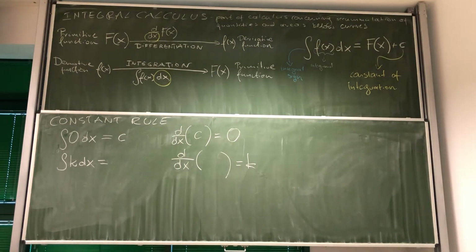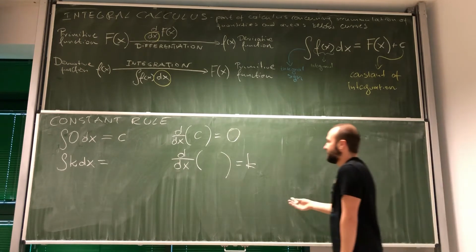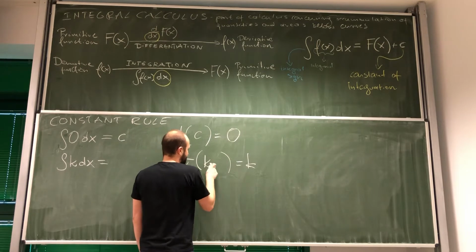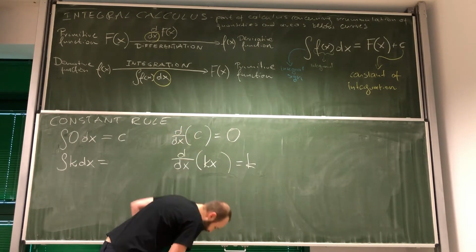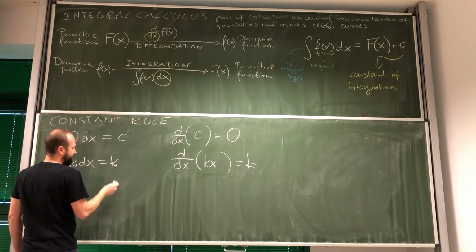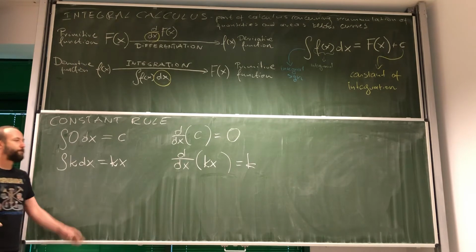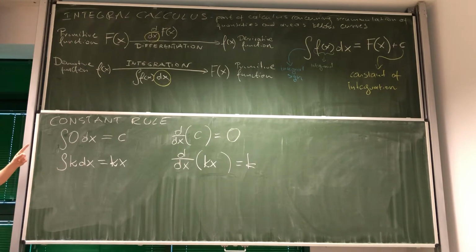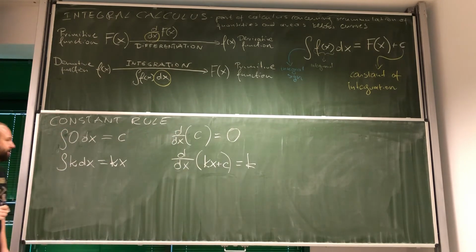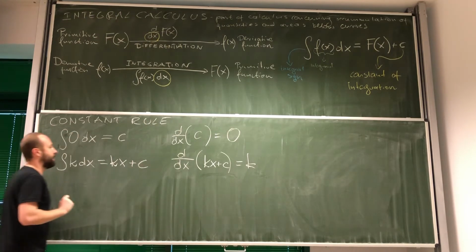And look, again, this is very easy, because if we get a constant derivative, it means we are dealing with linear function, right? So, if here we would have kx, right? Derivative would be simply k. So our answer over here should be kx, but we should also remember we will get derivative k if we will have plus c over here. So over here, of course, we will have plus c.